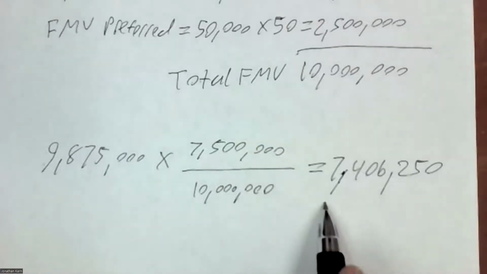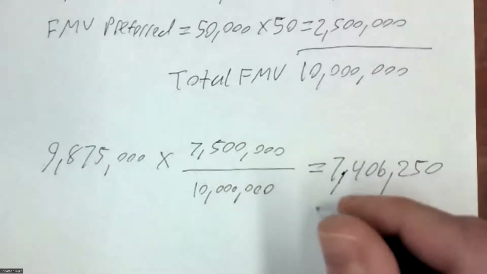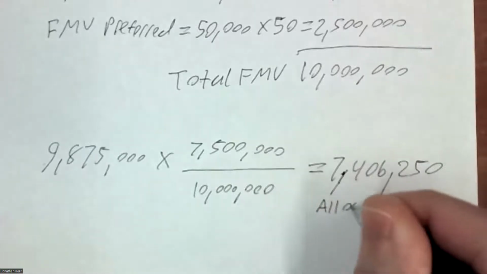So we have $7,406,250 allocated to common.